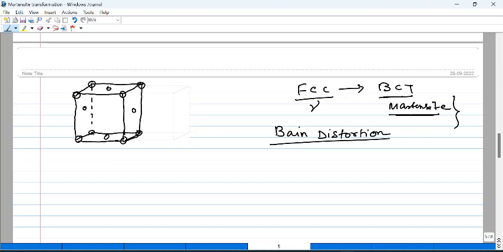So this is how we look at the FCC structure.